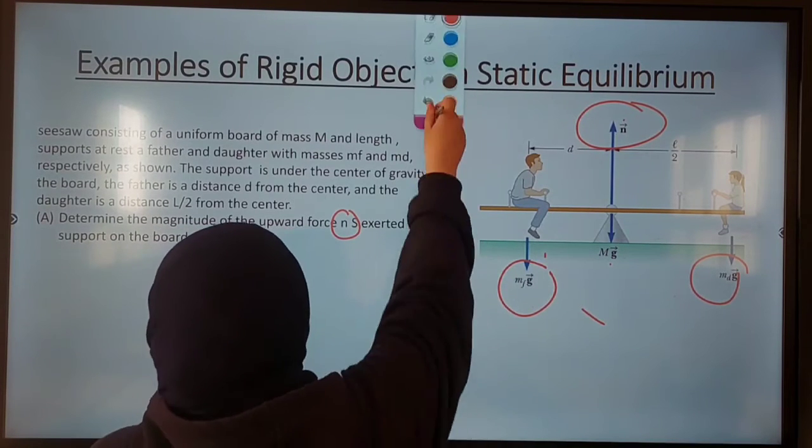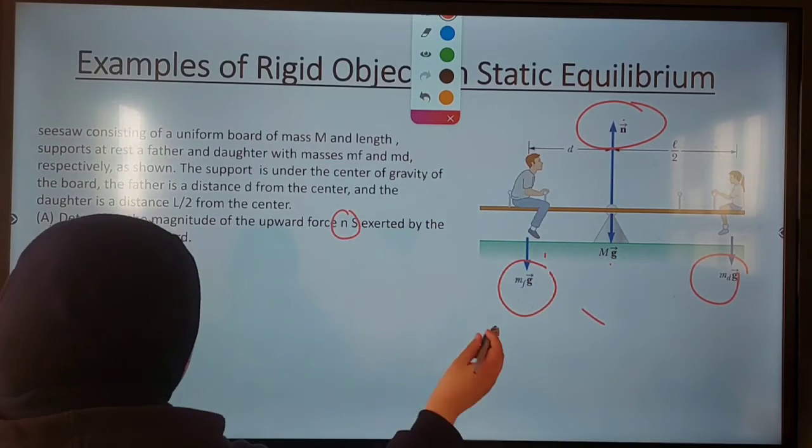So we are going to say, the system is at equilibrium.